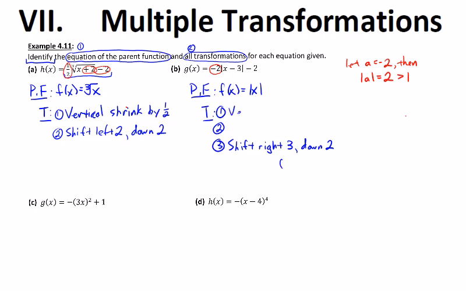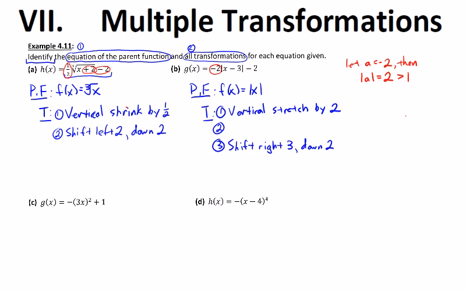So I know that I'm going to have a vertical stretch or shrink, and the definition would say that this particular multiplier would give me a vertical stretch. Vertical stretch by 2.